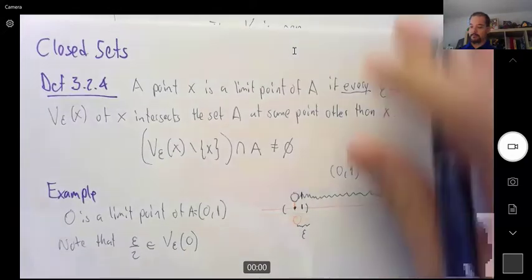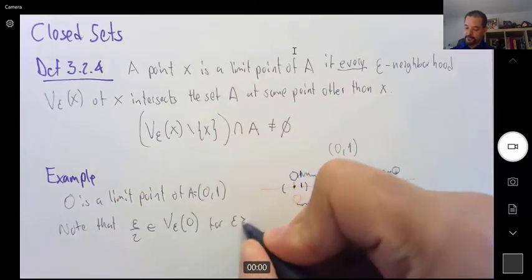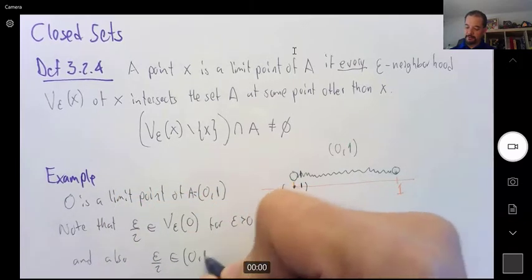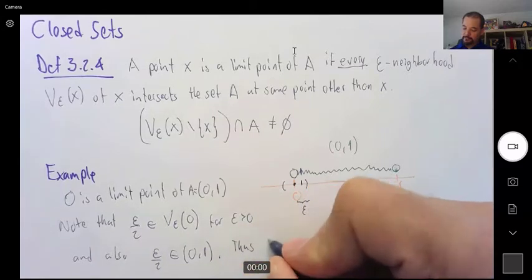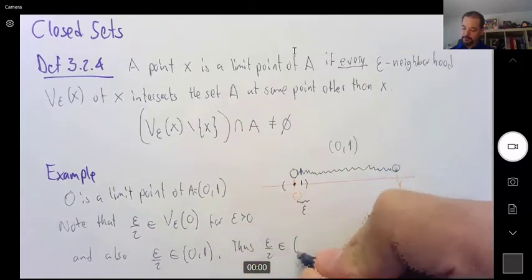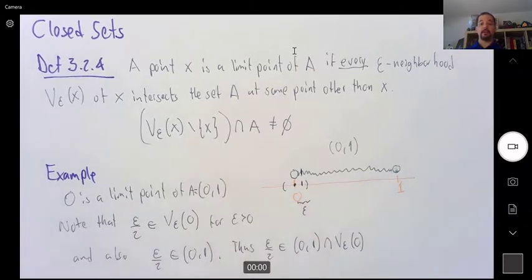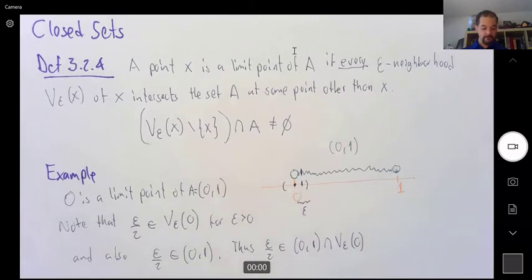That always happens, for epsilon greater than 0, and epsilon over 2 also belongs to the interval (0, 1). So for every epsilon, I can find a point that belongs to the intersection. And that's the meaning of being a limit point: no matter how small a neighborhood, there will always be a point in the intersection.